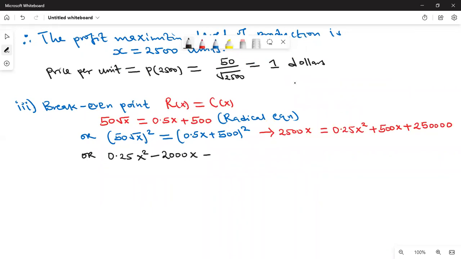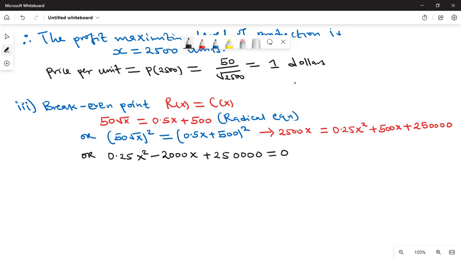Then I can see there's plus 25 with the 4 zeros. And this is supposed to be equal to 0. Let me make the coefficient of x squared to be 1. So I'm going to divide the entire equation by 0.25.